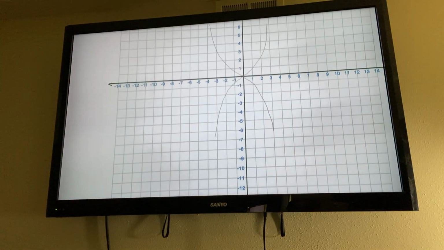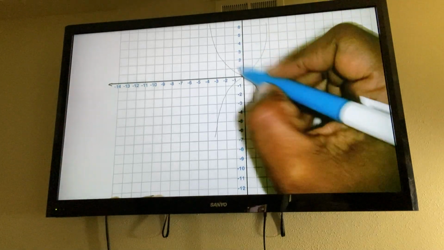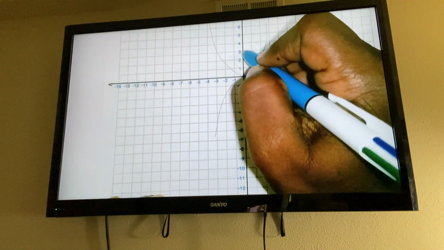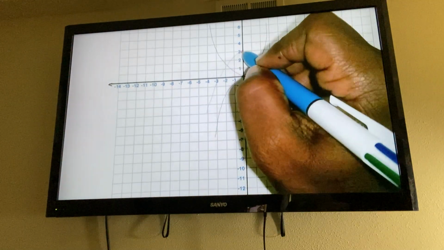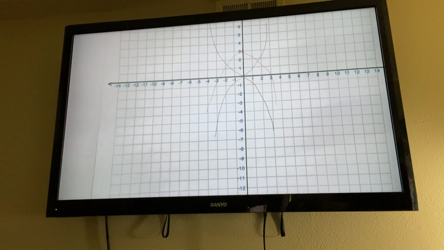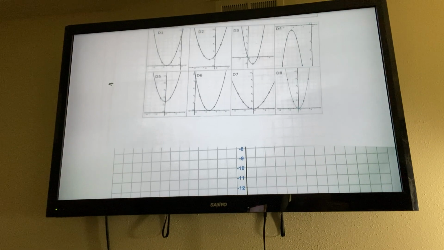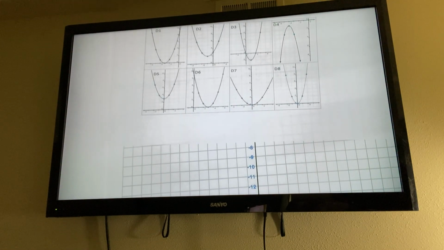The negative sign flipped it, and our new graph is going up 3. So the graph that we're looking for looks like this. So as we look at our options, let's see, we don't see that graph on that page.